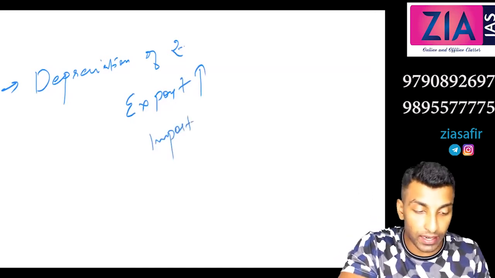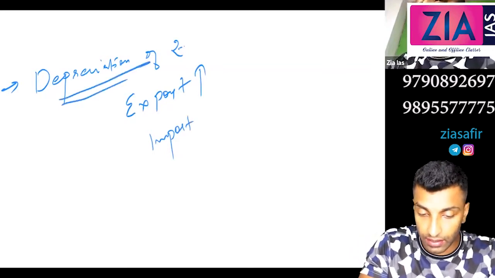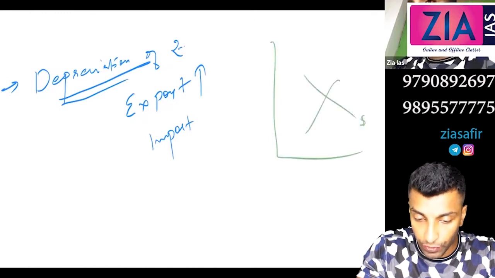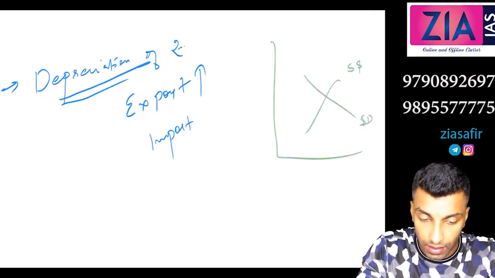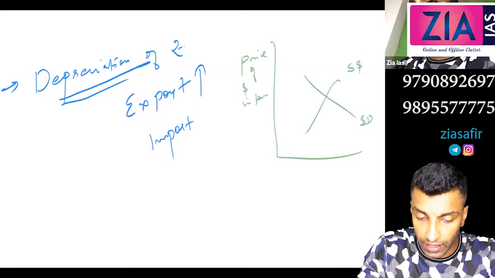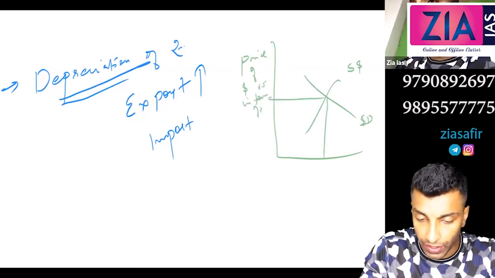When rupee is depreciating, see, rupee depreciating means what? Let's say this is demand for dollar and this is supply of dollar and this is the price of dollar in terms of rupee. Let's say this is 65, and rupee depreciating basically means demand for dollar rose, so let's say it became 70.